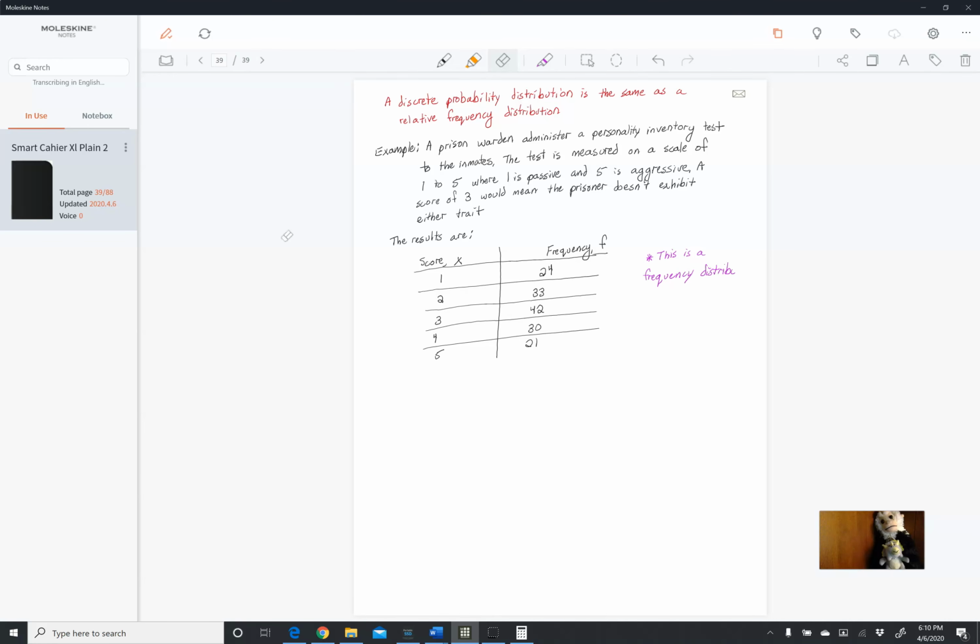Now the probability distribution, which means that we're just finding the relative frequencies.